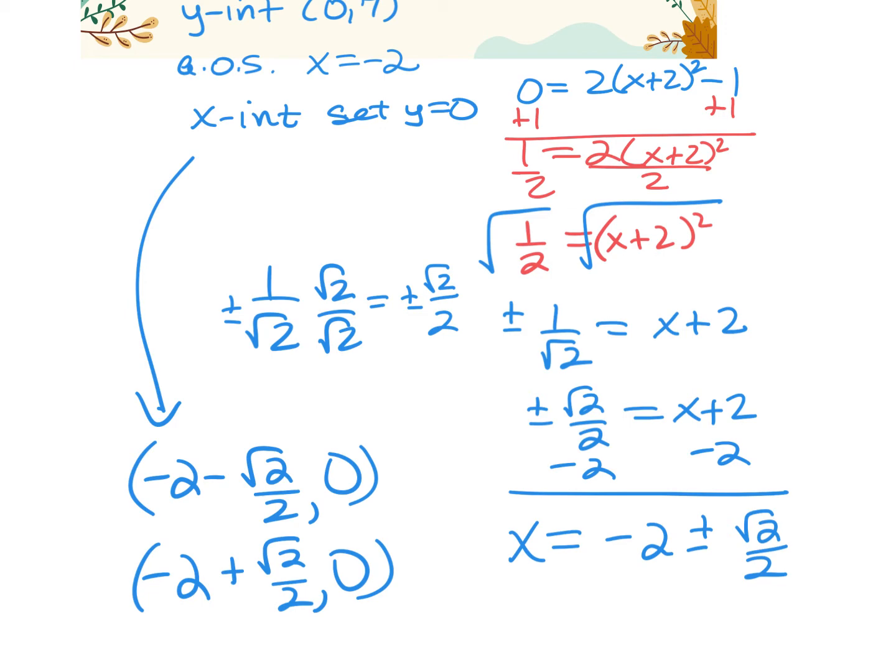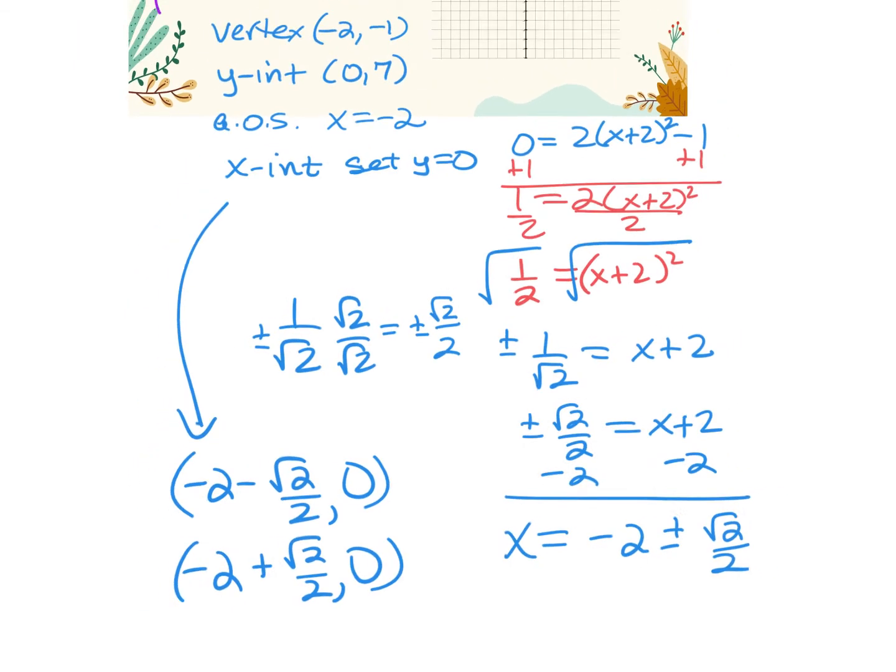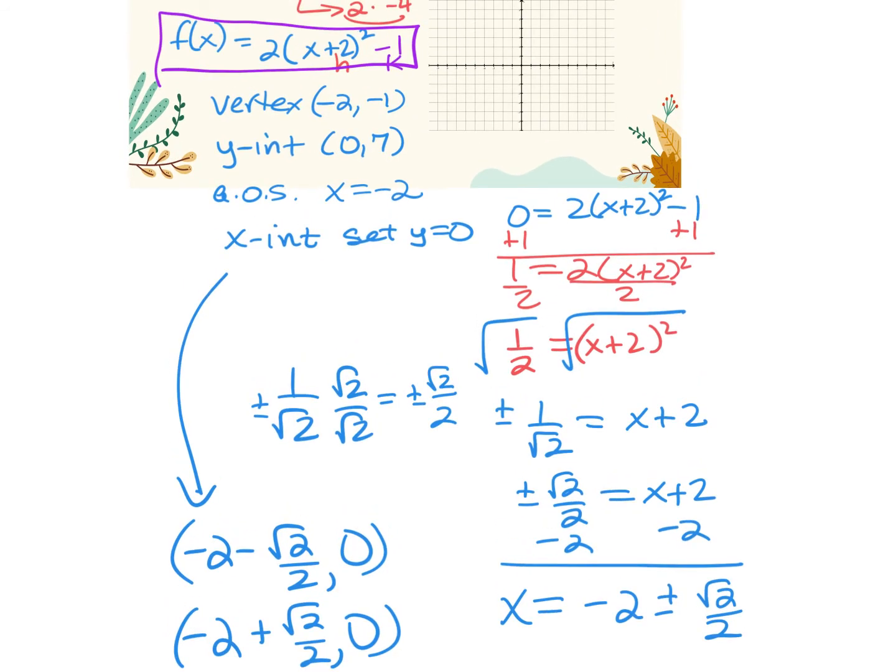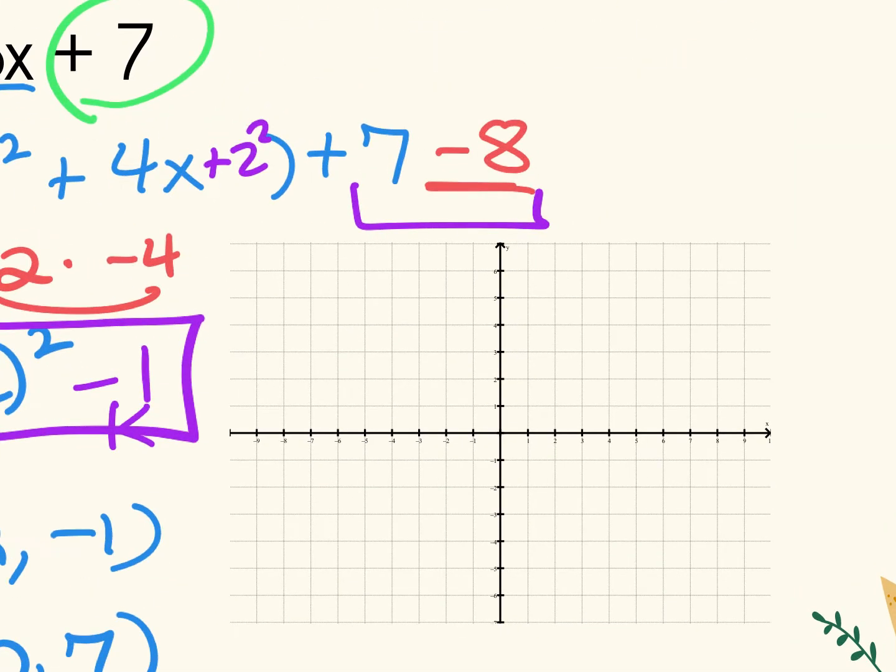I can get away with just graphing my y-intercept and my vertex and using my axis of symmetry to get the third point. So if I come back up here, I'm going to graph my vertex, which was the ordered pair (-2, -1). My y-intercept was (0, 7), so it's way up there.